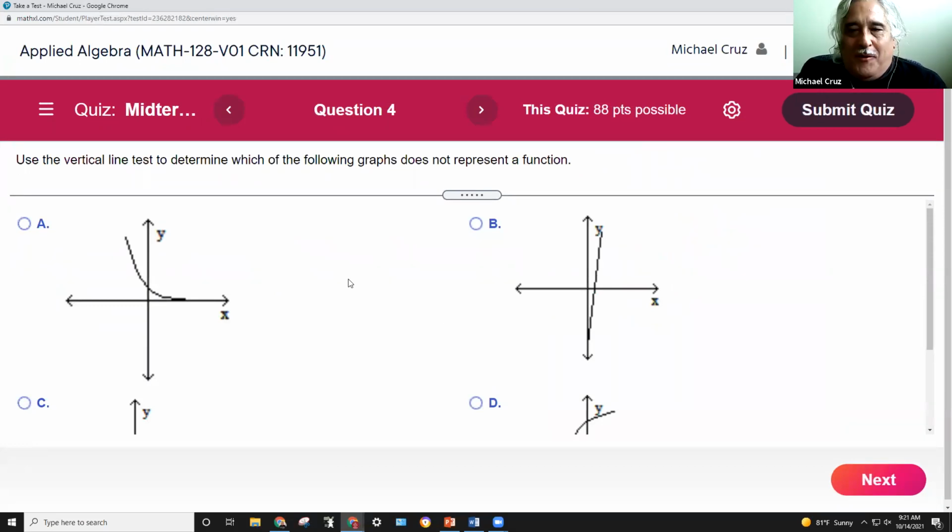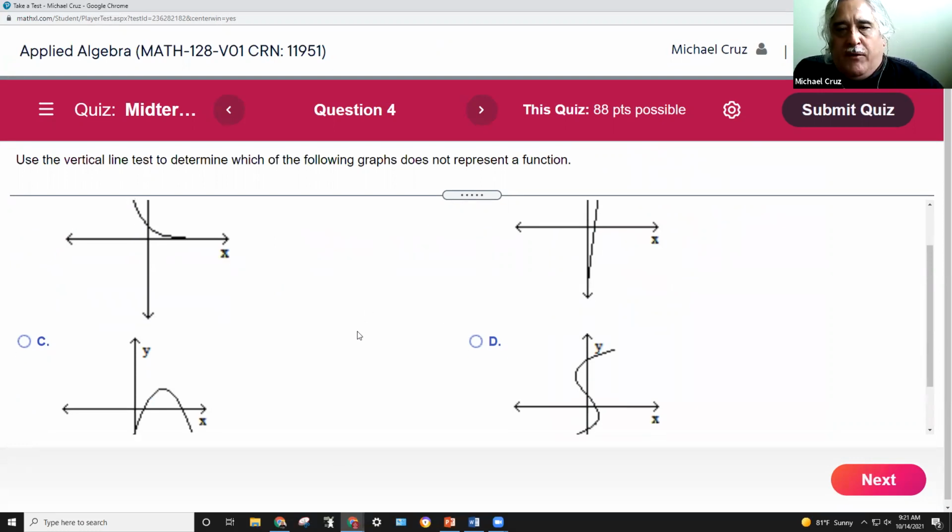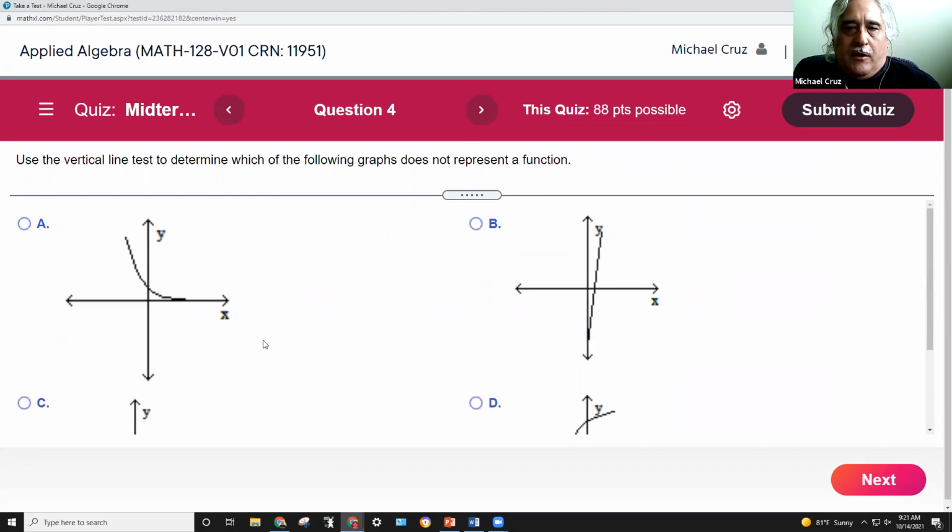Hopefully this is a short one, and I know it is. How do you tell when something's a function? They're asking when it's not representing a function. So we do the horizontal line test, and you can use the y-axis to do that for you. And imagine it just moving back and forth across. So if we intersect in more than 2 spots vertically, then we don't have a function.